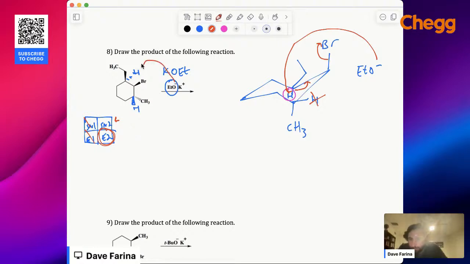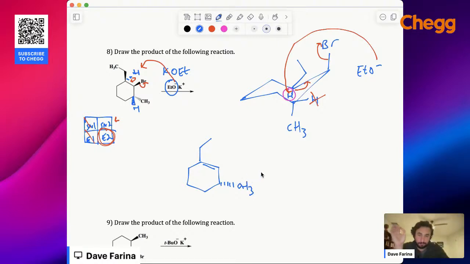We're going to get this proton, we'll get the pi bond there, and then this will leave. So we will get the ethyl group there, and this methyl group will still be on the dash bond because no chemistry has occurred here.